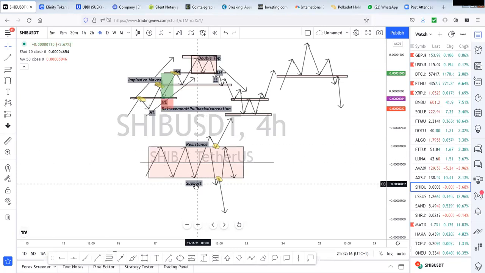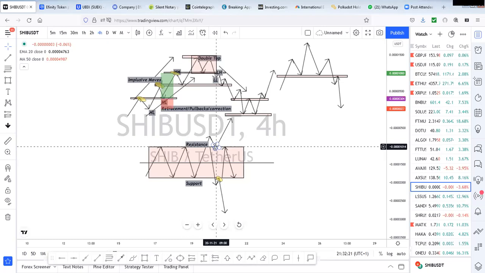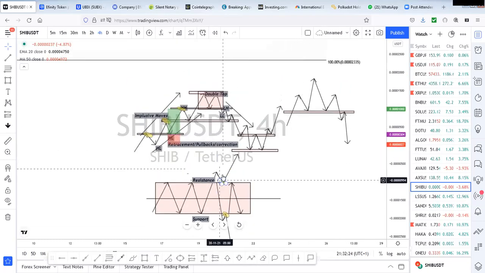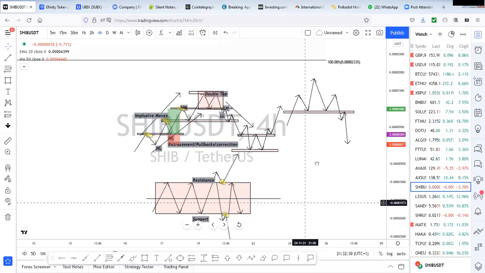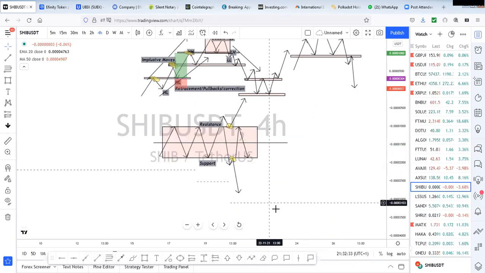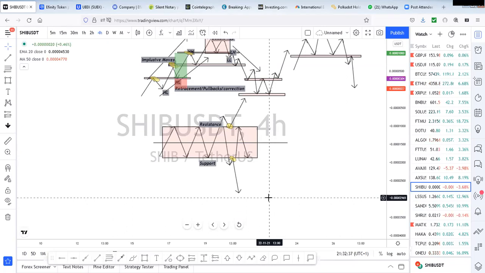As you are seeing here, the market broke out from this resistance level, retested, and continued. So you can see clearly the trending condition started from this angle here. Likewise here, for the downward move. So the best buying and selling opportunity occurs at the key support and resistance level.